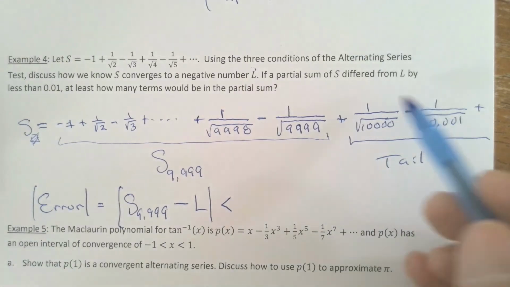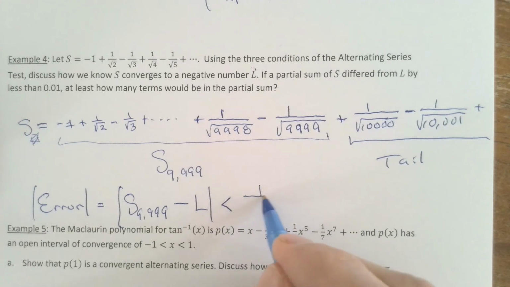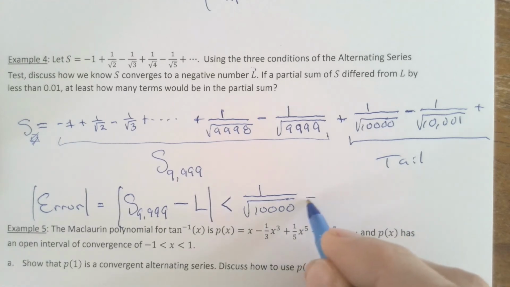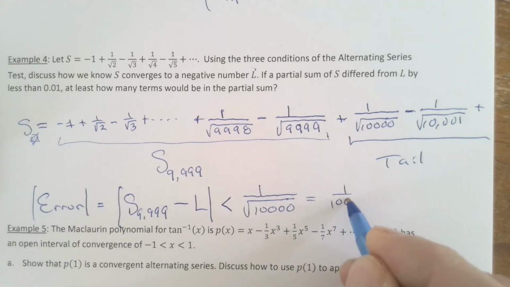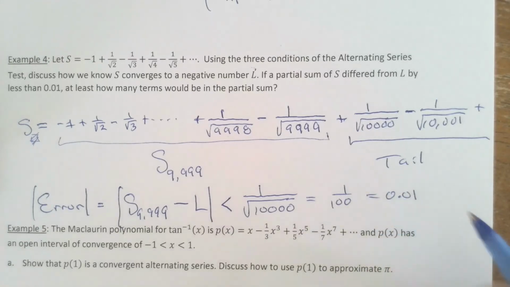Why again? Because the tail adds up to something closer to 0 than its first term. Well, what is the square root of 10,000? And the answer is 1/100th. And that's equal to 0.01. So that answers the question. How many terms would you have to have? That's a lot of terms.